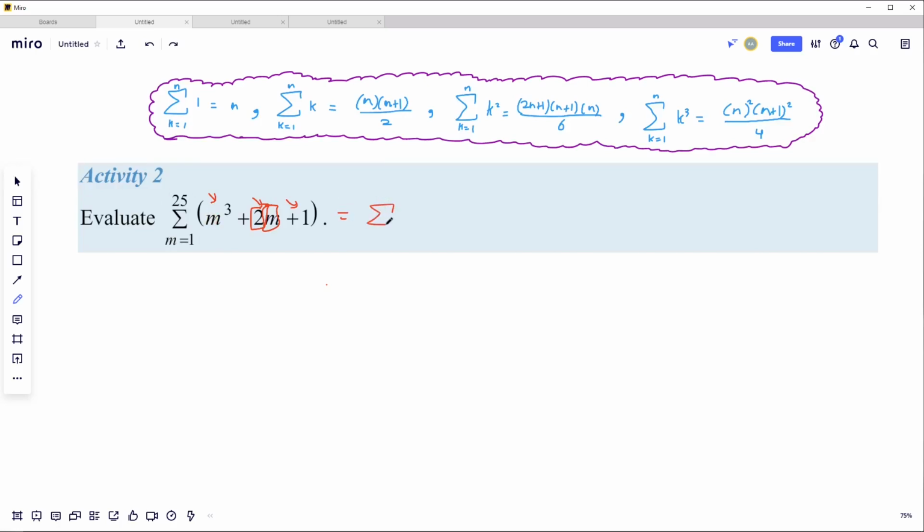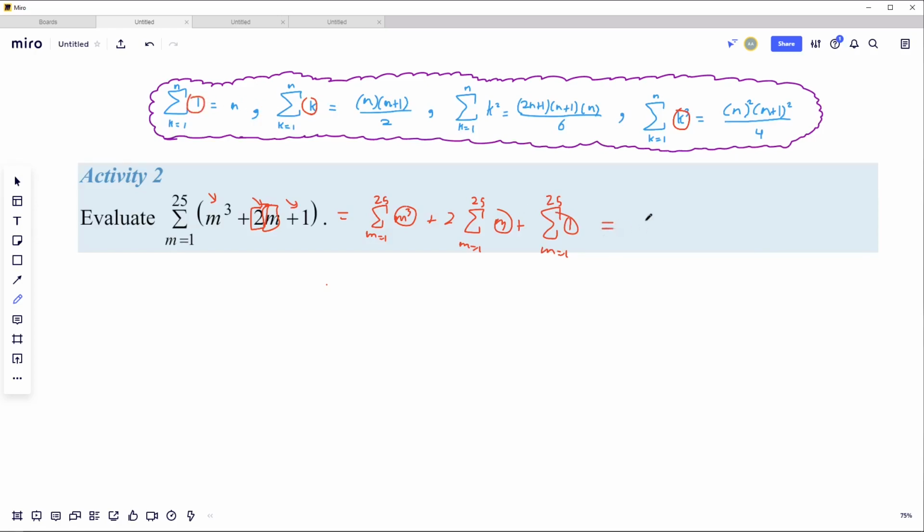You end up with the summation of m cubed from 1 to 25, plus 2 outside times the summation of m from 1 to 25, plus the summation of 1 from m equals 1 to 25. And this translates to that, this translates to that, and this translates to that.